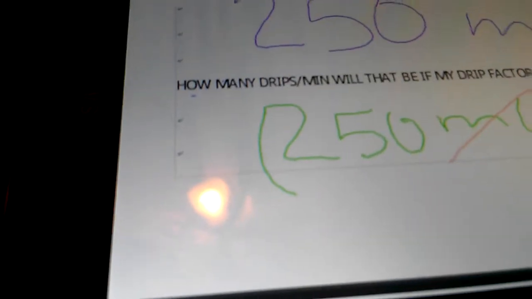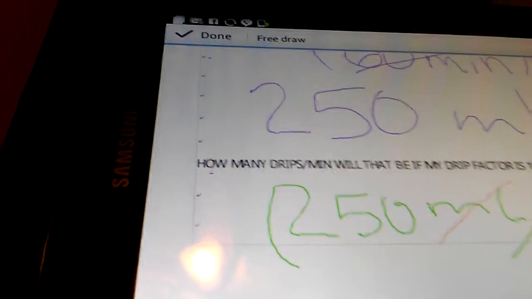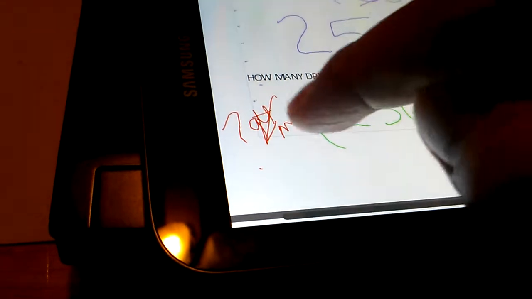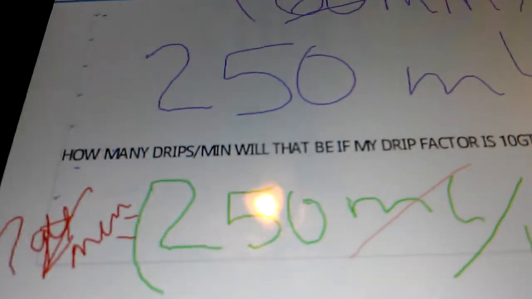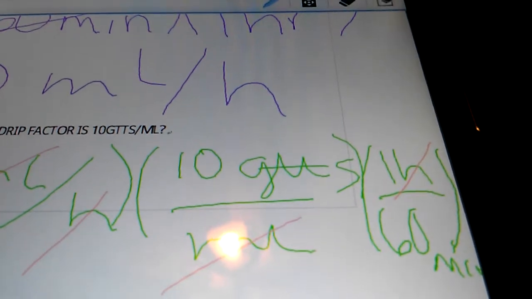When I set this up, I would want to say, how many drips per minute equals 250 mils divided by an hour, times 10 drips over the mils.